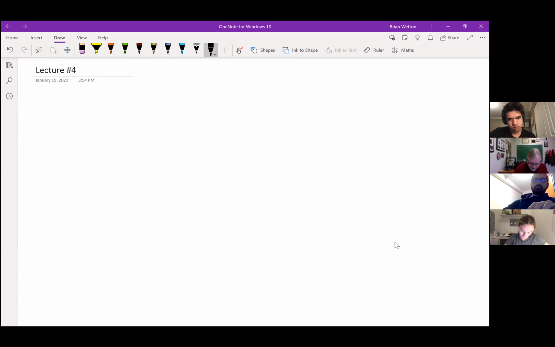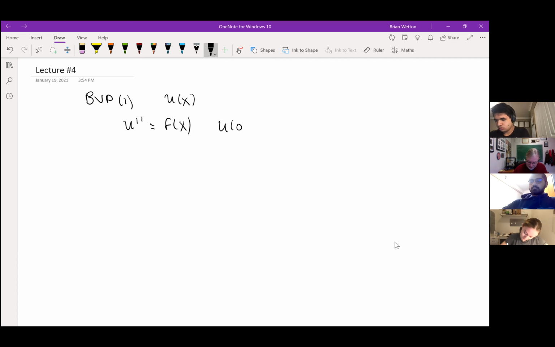Okay, so let's look at our boundary value problem, this first one that we're looking at. We had an unknown u of x, and we're trying to solve it so that it satisfies this differential equation with given data f and boundary conditions.